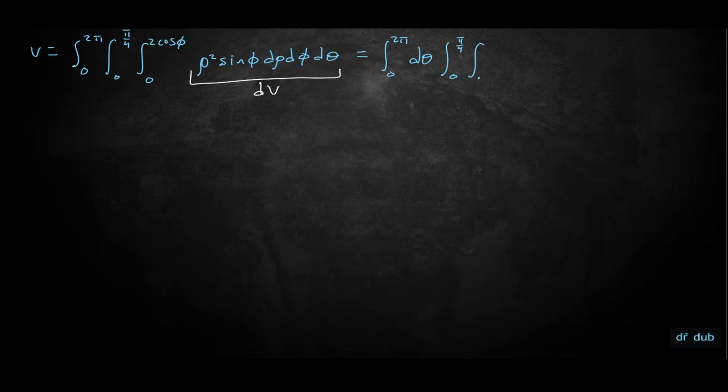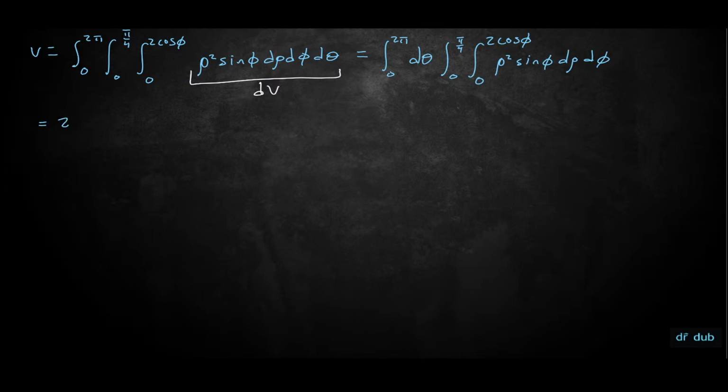So it's going to be integral 0 to 2 cosine phi, and then rho squared sine phi d rho d phi. So the theta part is separable, but the phi cannot be separated from the rho because of that cosine phi in the bound of rho.